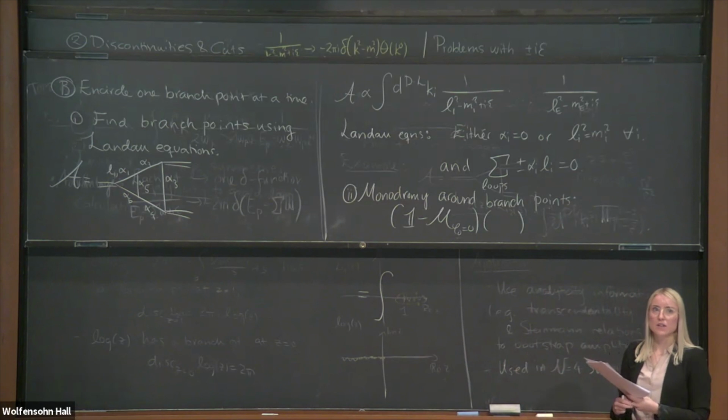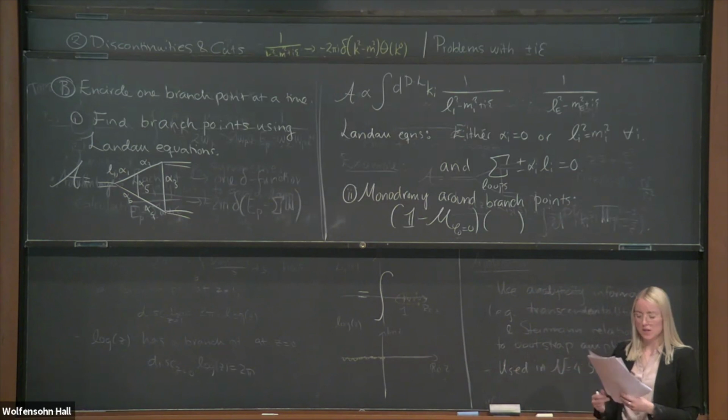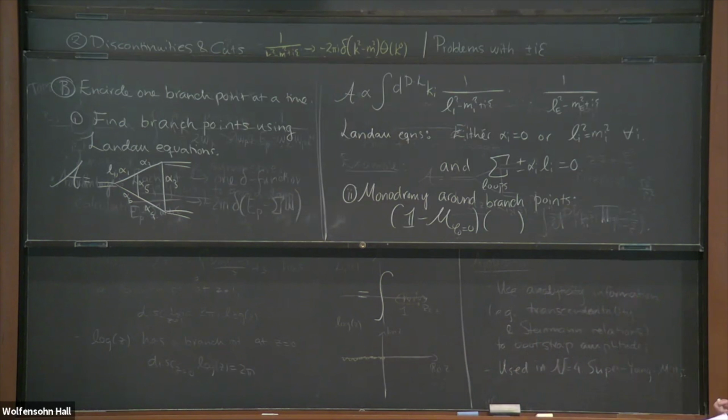I wouldn't think that arises for positive alphas. And another thing that I wanted to say is that this monodromy formula, as I'm going to write it down, requires positive alphas. But the way we find where the branch points are does not require positive alphas. So actually this point 1 is going to be general, point 2 is not going to be general for non-positive alphas for now, but point 3 is again going to be general for any alphas.